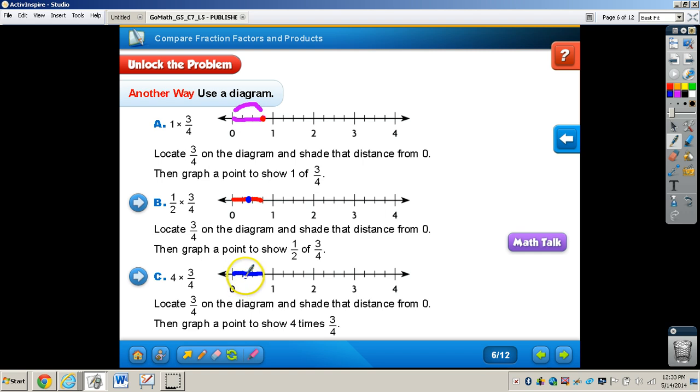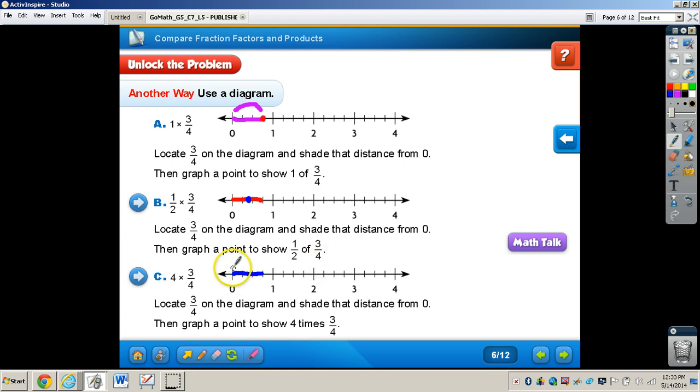Now what we have to do is graph a point to show 4 times 3/4. So what we can do is continue to add 3/4 each time until we finally get to where we need to go.